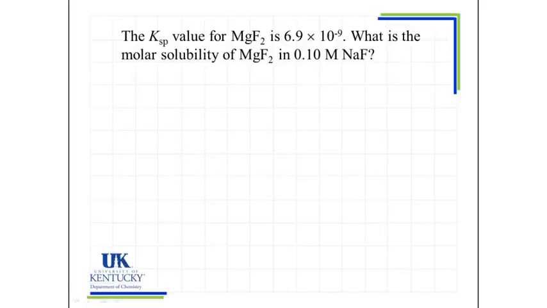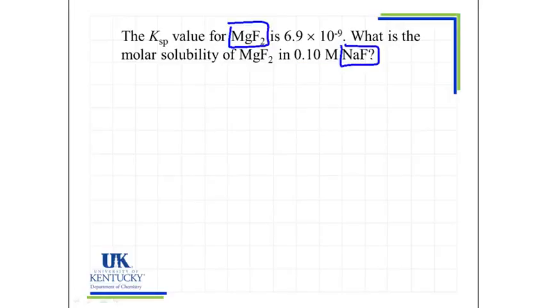I have magnesium fluoride, and I want to know its molar solubility when I have added it to a solution that contains some sodium fluoride. So the first thing is, if this is the salt that I'm dissolving, which one of these two ions is the common ion? Well, it's the F-. Now, when you work these problems, students struggle with writing the reaction because they want to take these two substances and react them together.